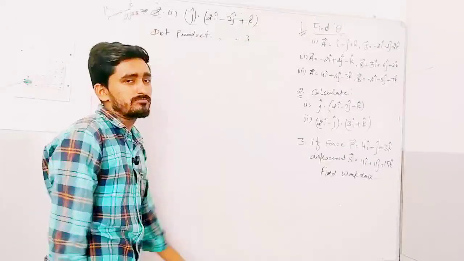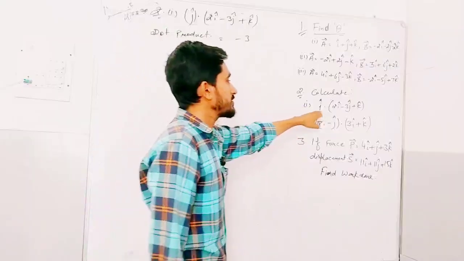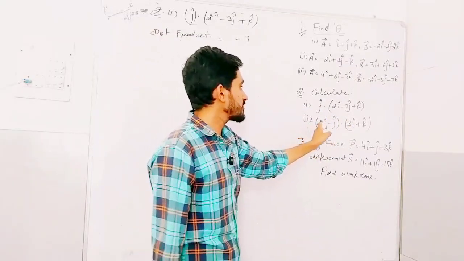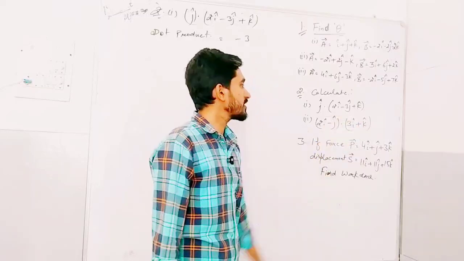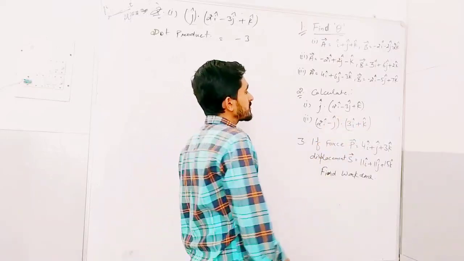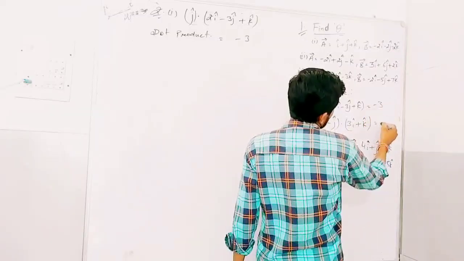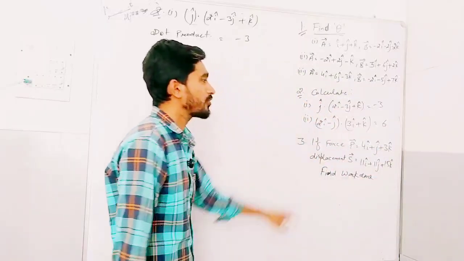Finish. The answer will be minus 3. You can similarly calculate this one also. This will get 6 and 0, so 6 is the answer. For the dot products, this will get minus 3 and this will get 6.